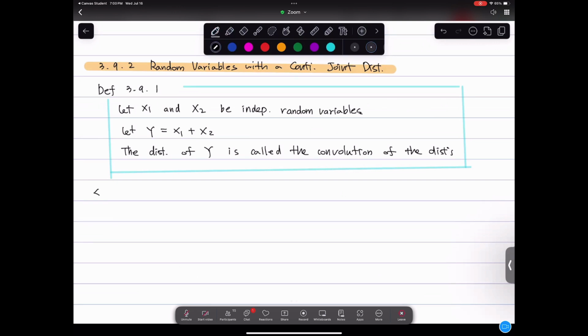Let's get the example in the book, 394. In the book, X is exponential distribution with lambda being 2, and Y is also exponential with lambda of 2, and X and Y are independent.